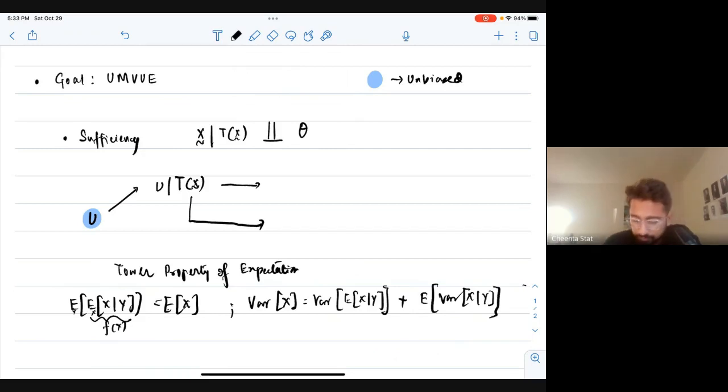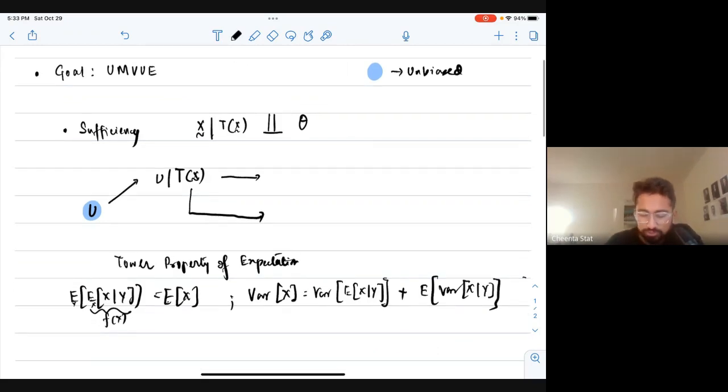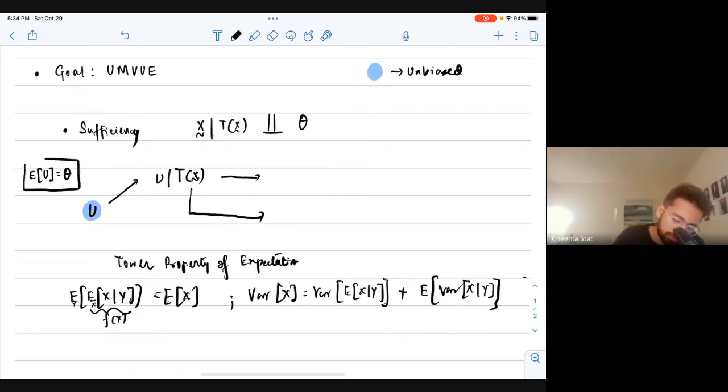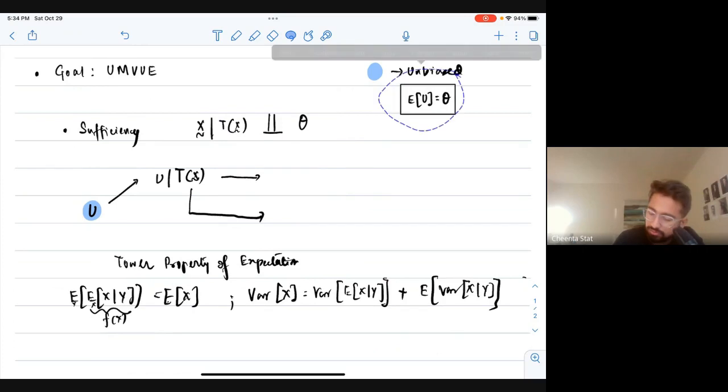So now, using this, observe that if we put another expectation, we know that the expectation of U is equal to the corresponding theta. We know this is unbiased because of this property. So if we again put an expectation on this, we can check that it becomes unbiased too.